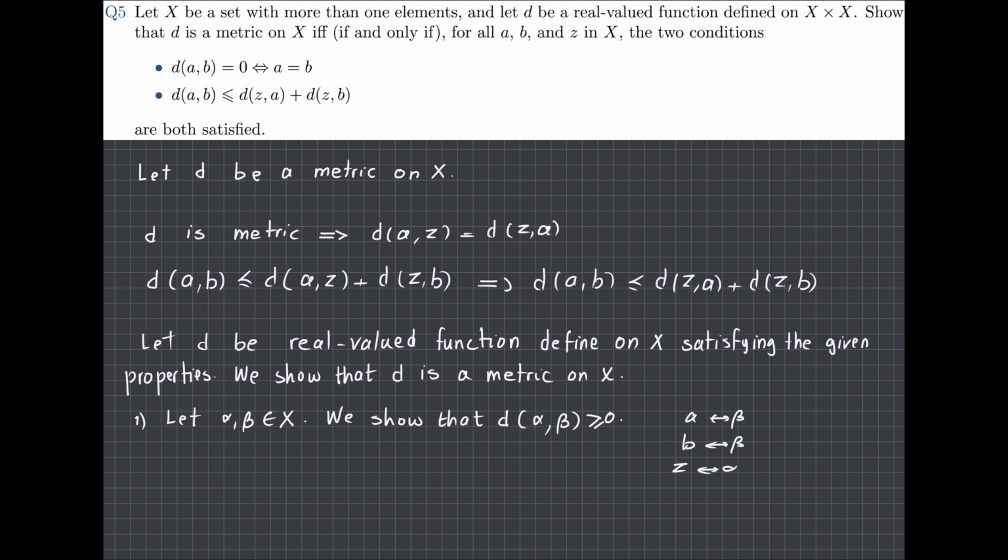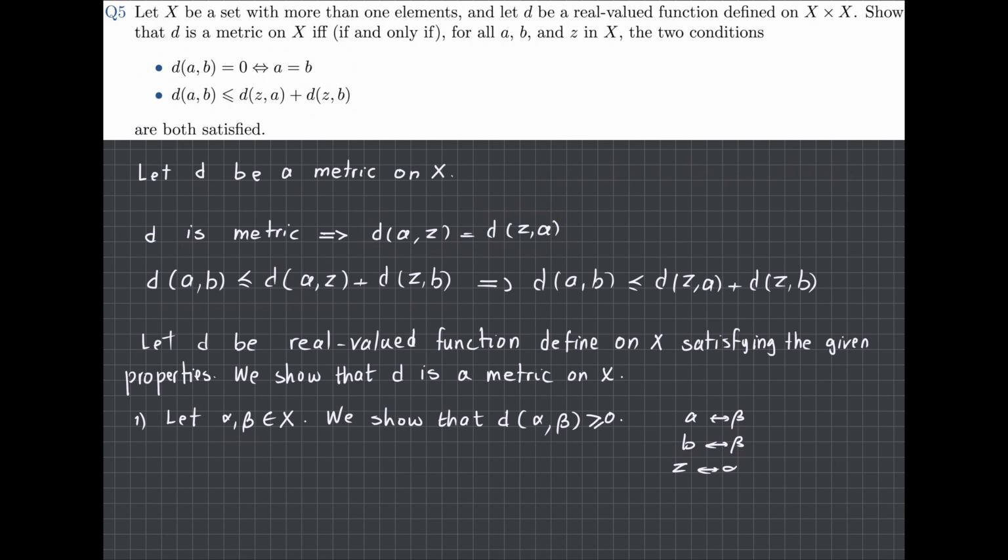Okay, so let me try to understand the logic. So I know that this inequality is valid for all choices A, B, and Z in X. Now I am assuming that alpha and beta are in X, so I can use this inequality in a way that I choose A to be beta, B to be beta, Z to be alpha.